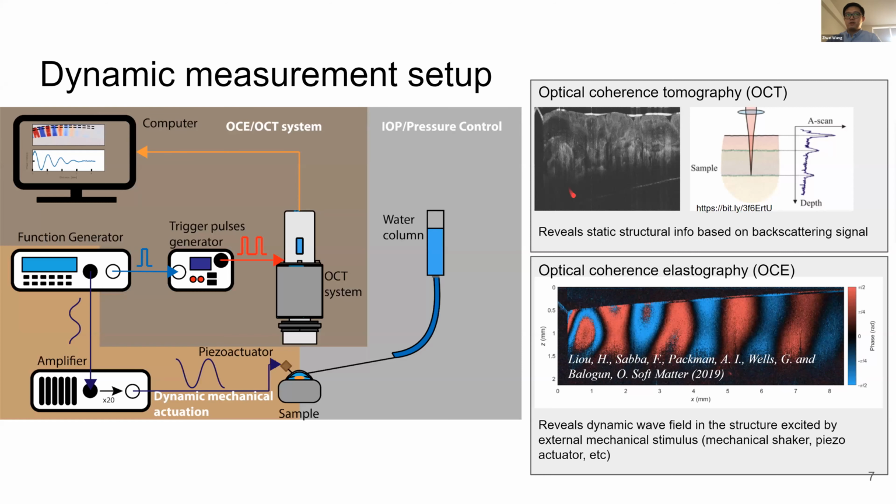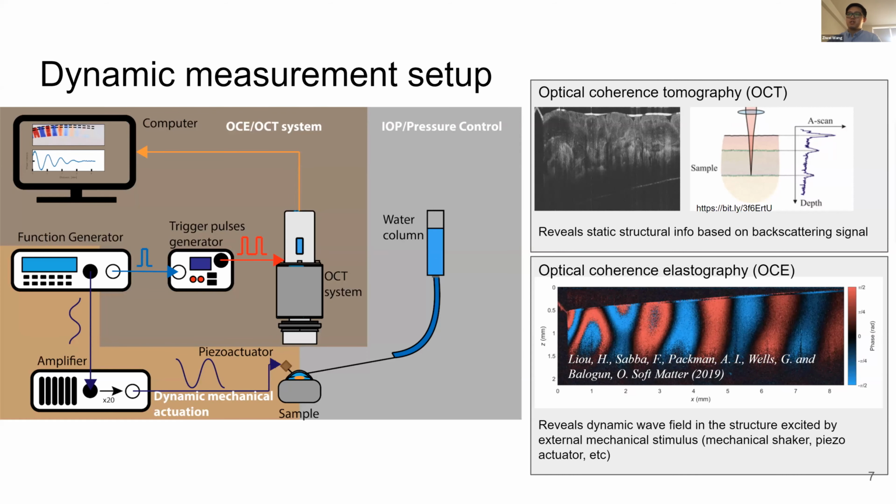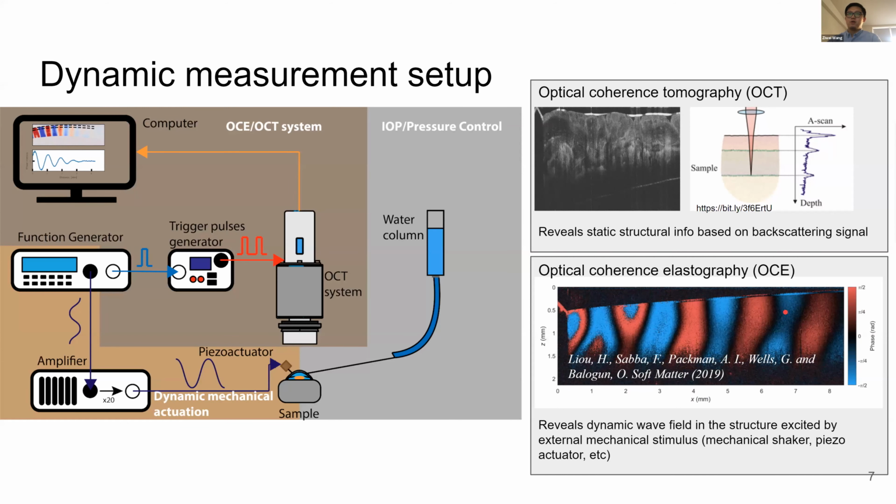As you can see in this movie, the blue stripes and the red stripes indicate the displacement, the vertical up and down displacement in the sample. So if we put the excitation source right here, then we can see the wave propagating in the sample along the lateral direction or the x direction.